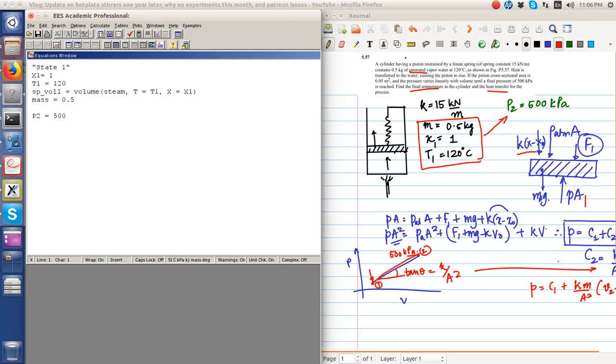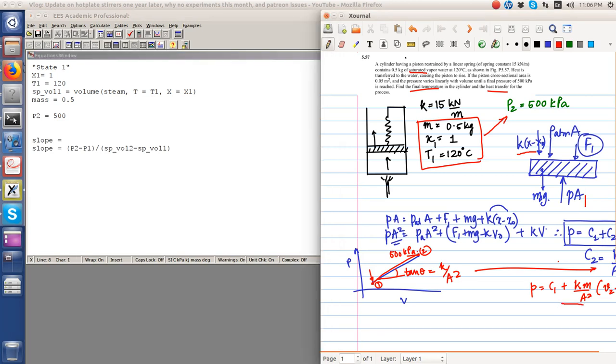So the slope is equal to P2 minus P1 divided by specific volume 2 minus specific volume 1. The slope we have already found out is equal to Km by A square.